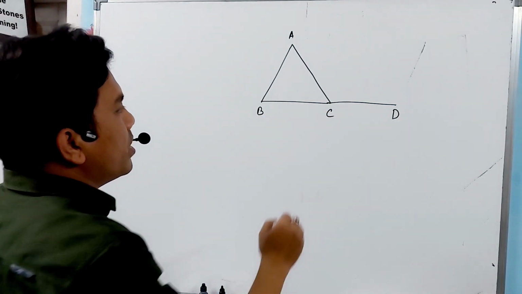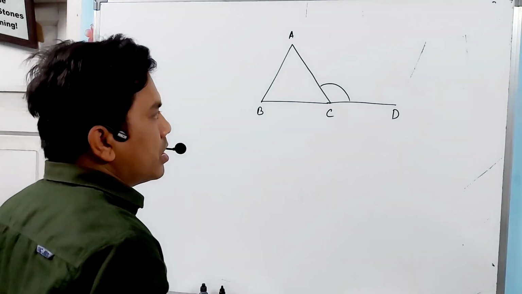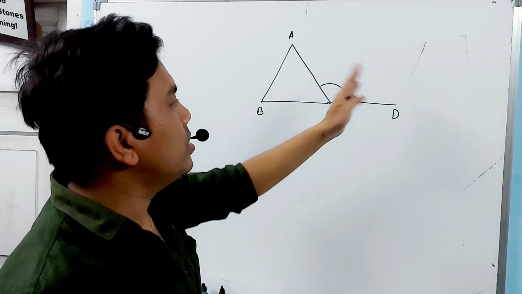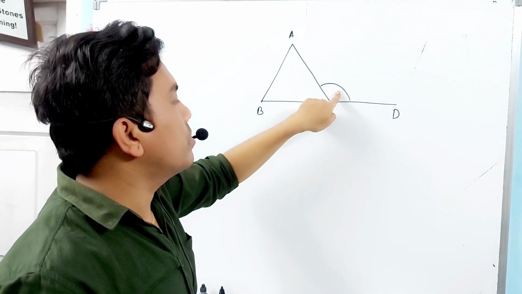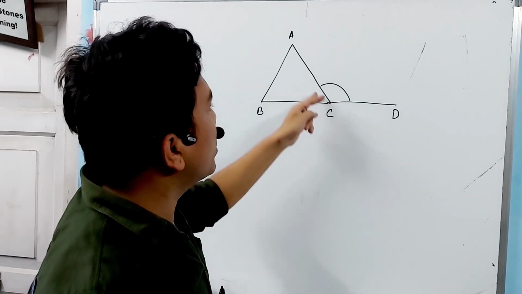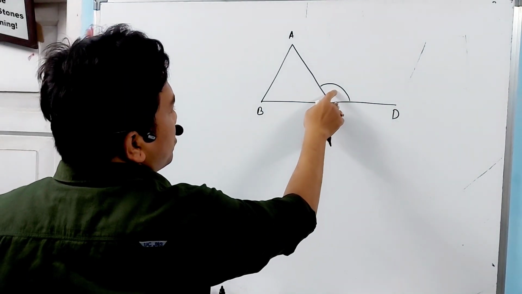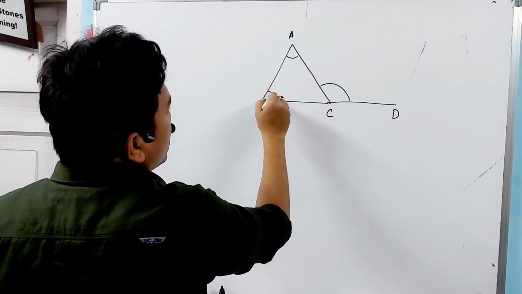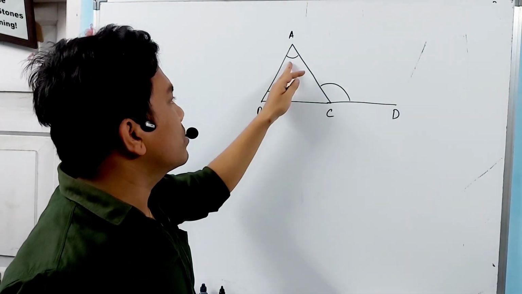Now we have to prove that the angle which is formed outside the triangle, how will we name that angle? We'll name the angle as angle ACD. The measurement of this angle will be equal to the sum of these two angles, the remote interior angles, not this one.